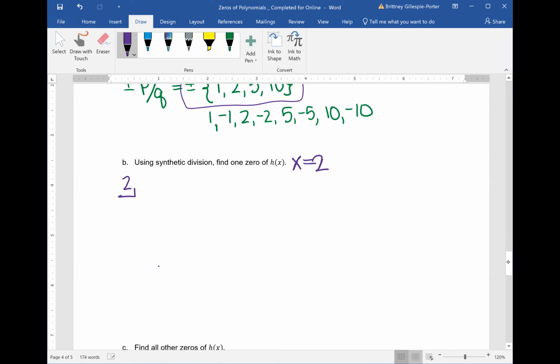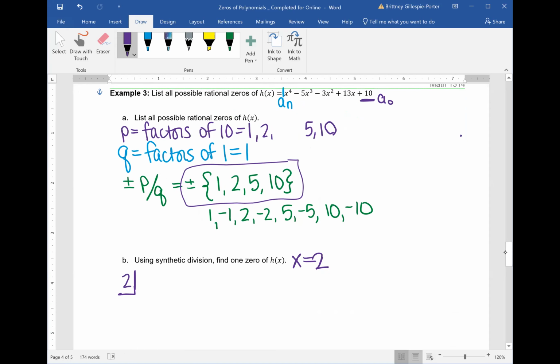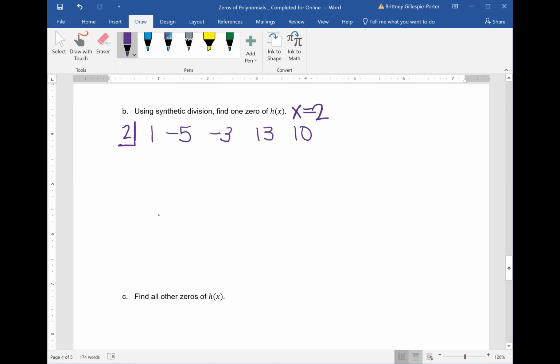2 will go in our loser corner. And then remember, we're going to take the coefficients from the order that's given: 1, -5, -3, 13, and 10. Give yourself some room.